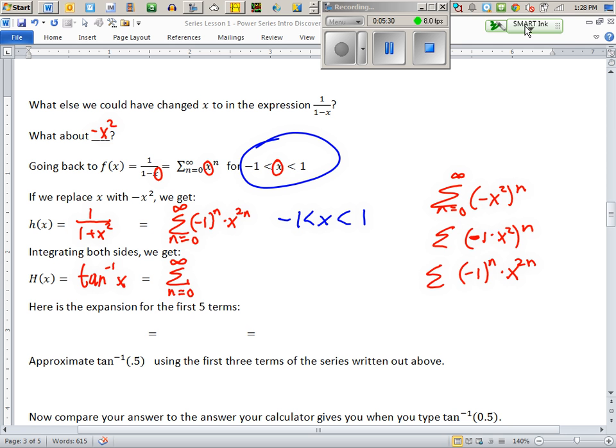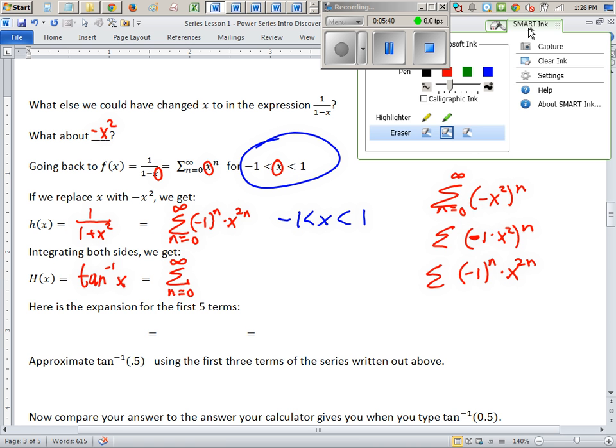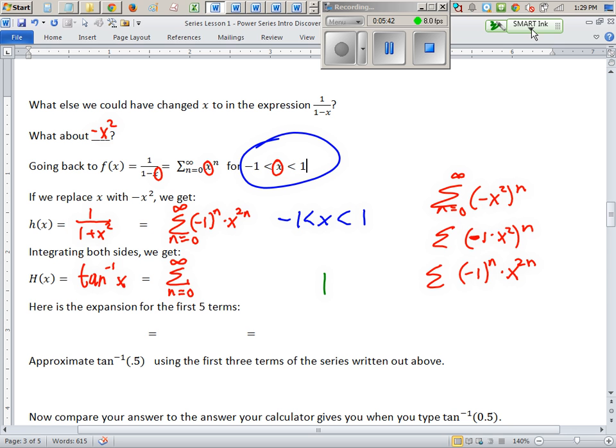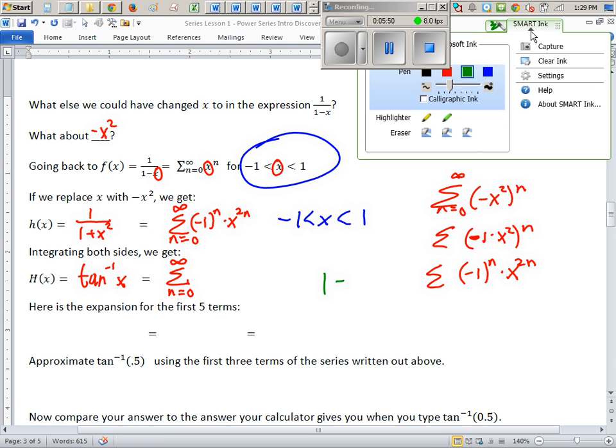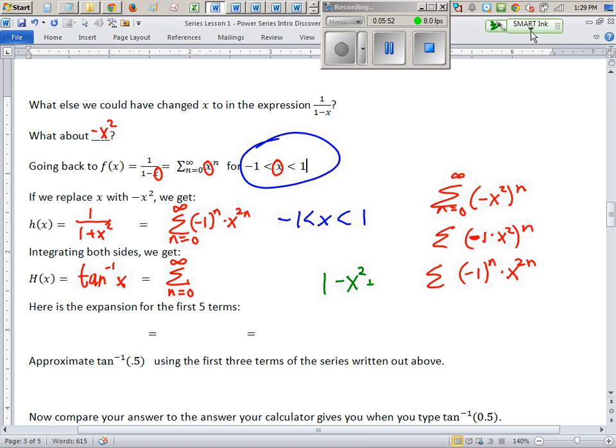This series goes like this. Actually it starts out with just 1. It goes like this. 1 minus x squared plus x to the 4th minus x to the 6th, etc. That's all this is right here.